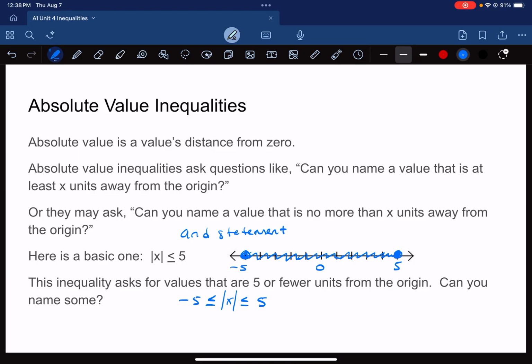So that's what it looks like. That's all the numbers. And I don't actually need the absolute value symbols in there. There we go. So x can be anything from -5 to 5, and that will make its distance 5 or fewer units from the origin.